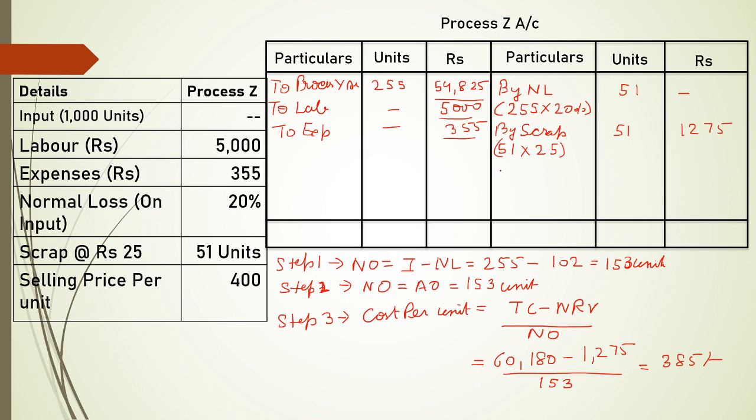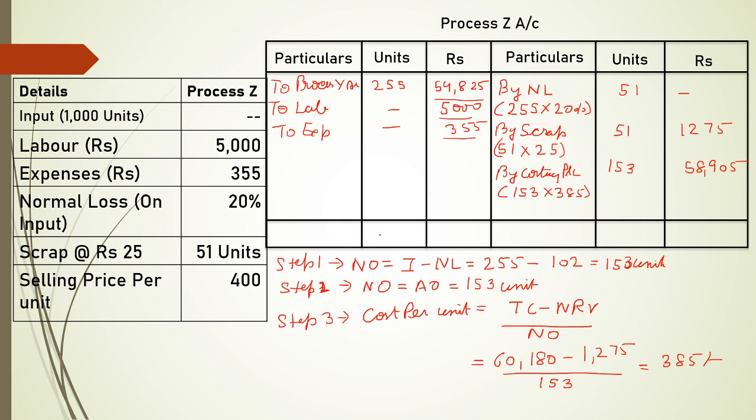So all the output of process Z is transferred to costing P&L for sale because it is the last process. So by costing P&L account, our units are 153 and the cost per unit is 385 rupees. So in the amount column, 58,905 rupees.